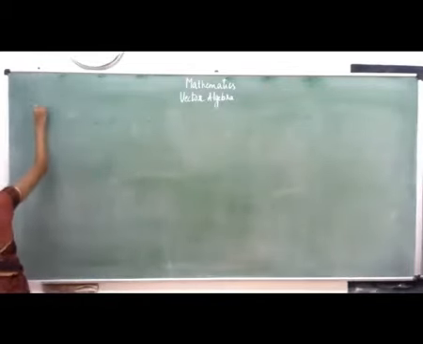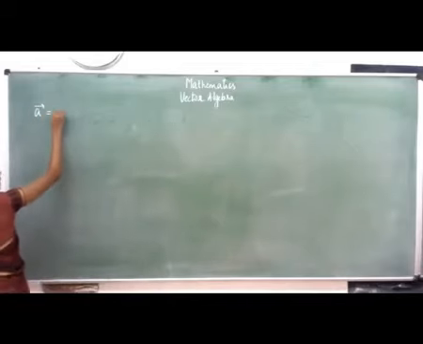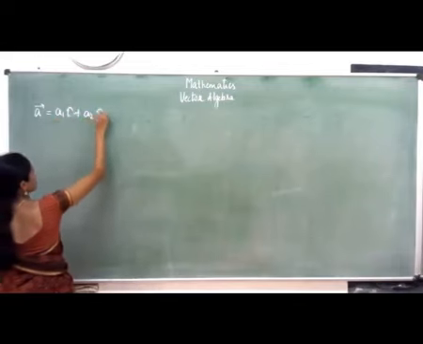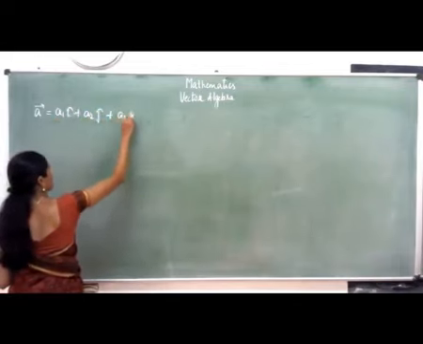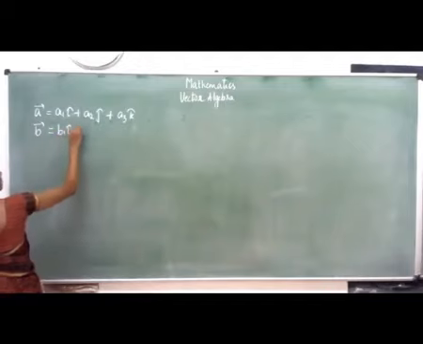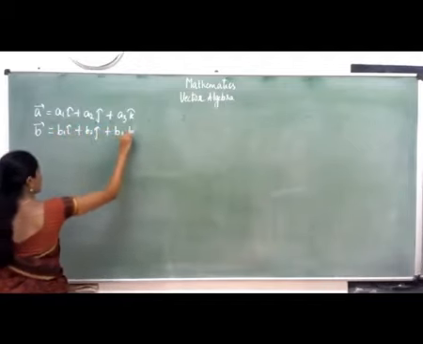If we are given any two vectors in component form, let us take the first vector as vector A, which is given as A1 i cap plus A2 j cap plus A3 k cap, and the second vector as vector B, which is given as B1 i cap plus B2 j cap plus B3 k cap.